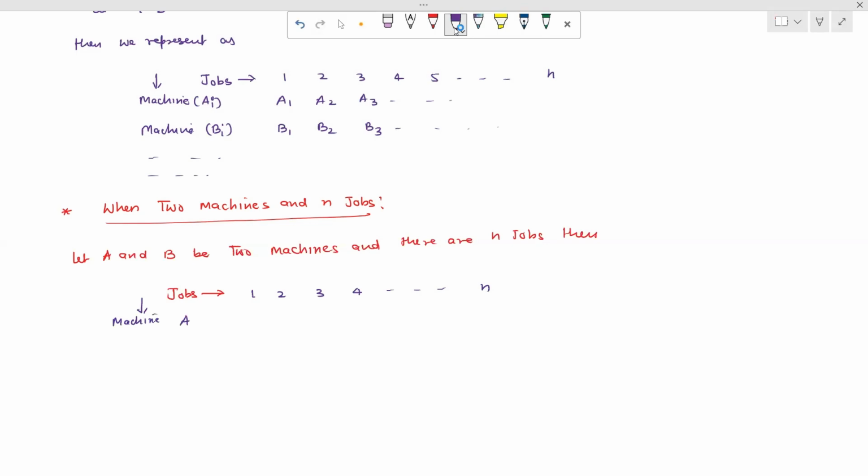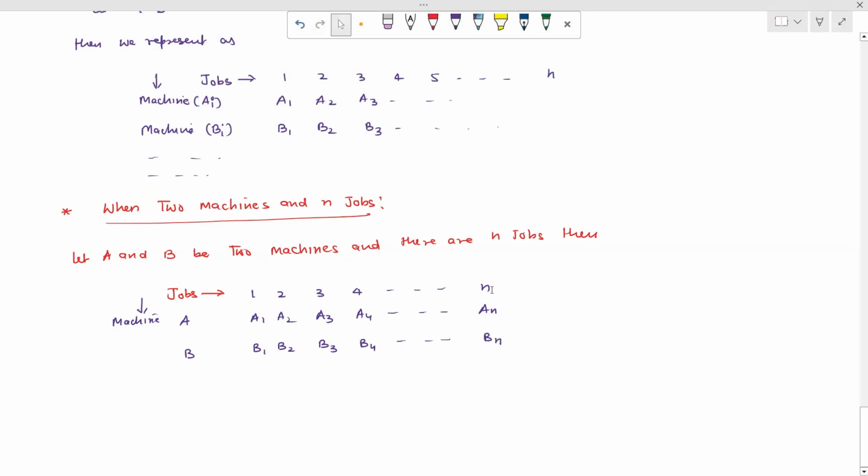Machine A, which has A1, A2, A3, A4, up to AN, and machine B with B1, B2, B3, B4, and Bn.